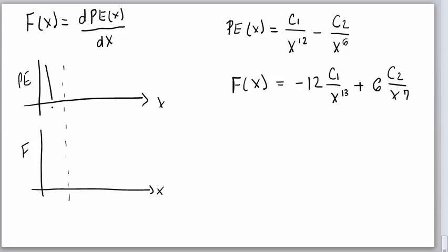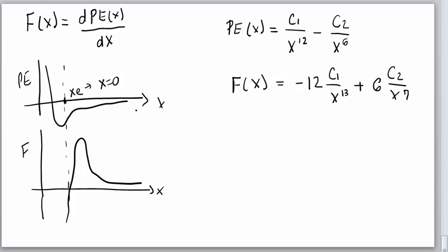Again, our potential energy looks like this, and our force looks like something like this. Please excuse my drawings here. You can look in your book to get a better idea of exactly what these curves look like. The point is that in our spring approximation, this spot is xe, but it's also the spot where the spring is in its neutral position, or x equals 0 position.